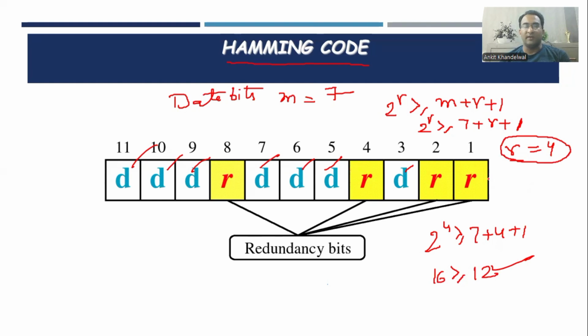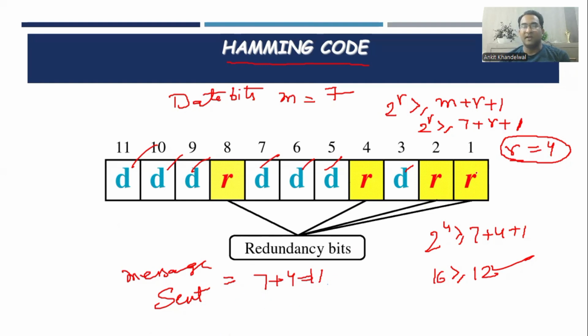Now, the total length of the message sent will be 7 plus 4, total 11 bits. So where do we add these 4 redundancy bits in the 11 bits?